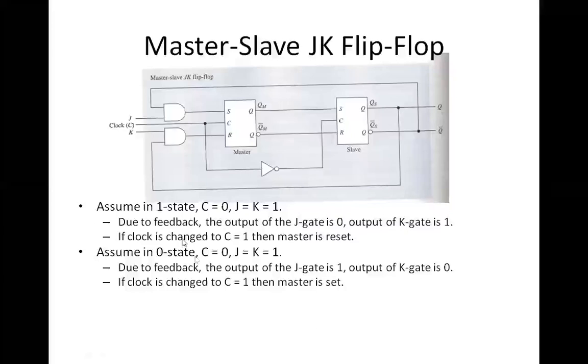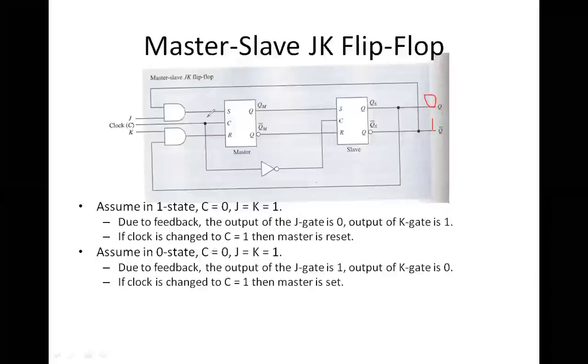Assume 0 state. 0 state means I'm getting 0 output. So ultimately when I'm having 0 output, my q is equal to 0 and my q bar is equal to 1. 0 state and c is equal to 0. So which means I have a 1 here. j and k are 1, 1.